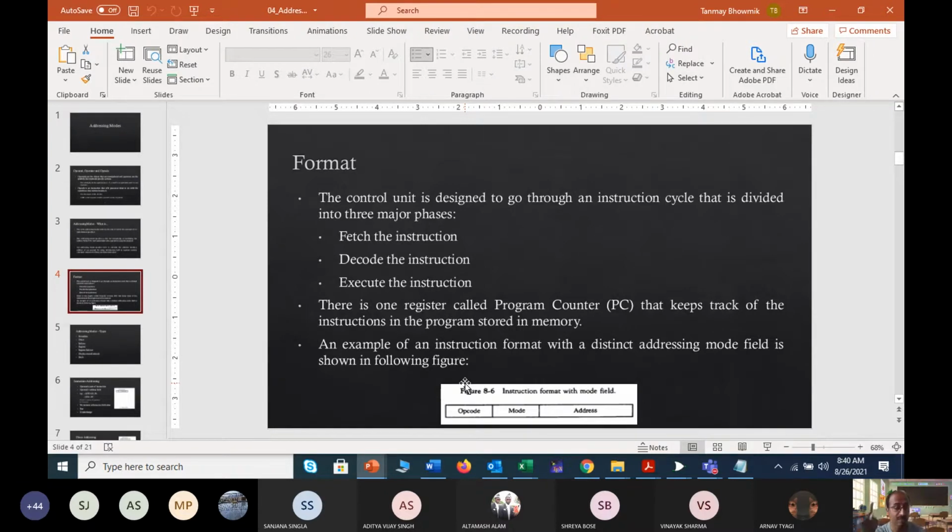Before starting yesterday's class, we began by saying that we all are from different zones and we all have some native language. If you use this native language with your target audience, he has to fetch your instruction first, and if he knows your native language, then he will decode it into his own language, and then he will understand.